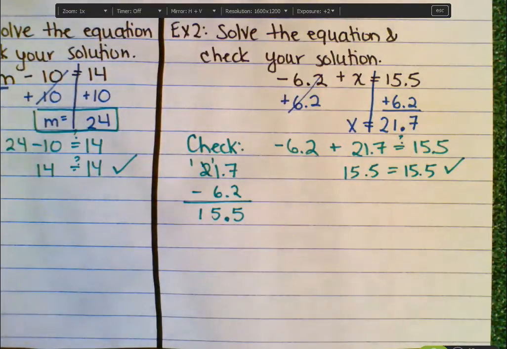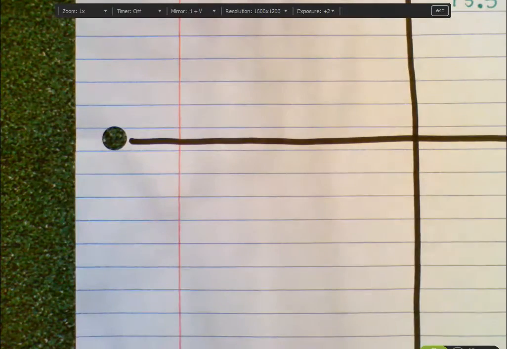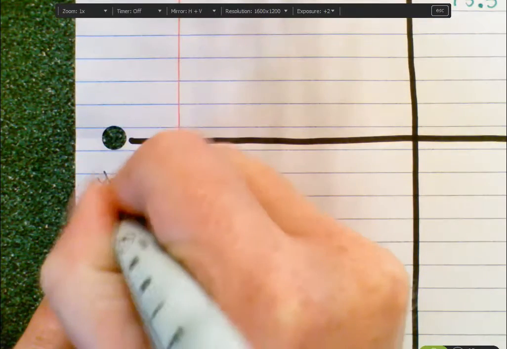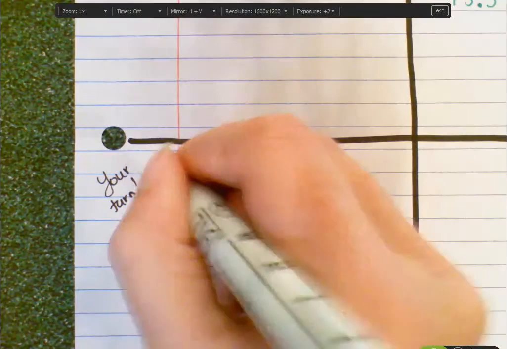Alright, I'm going to have you do 2 on your own. So go down to the 2 boxes on the bottom of your paper, and we're going to do your turn. Okay, so go ahead and write these down.